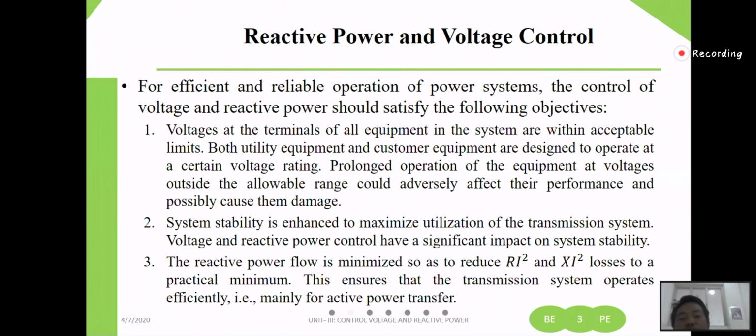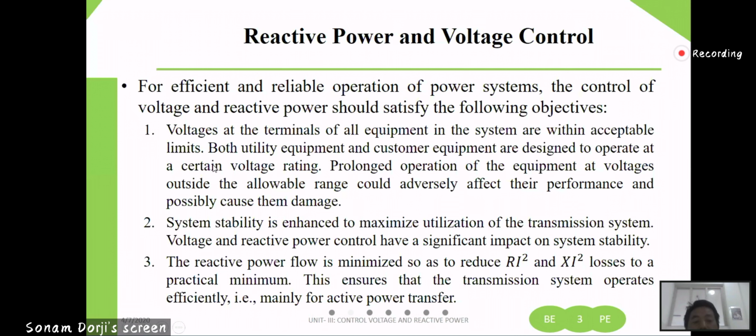When we talk about reactive power and voltage control, the first thing to know is that for efficient and reliable operation of the power system, voltage and reactive power control has to satisfy three basic objectives.